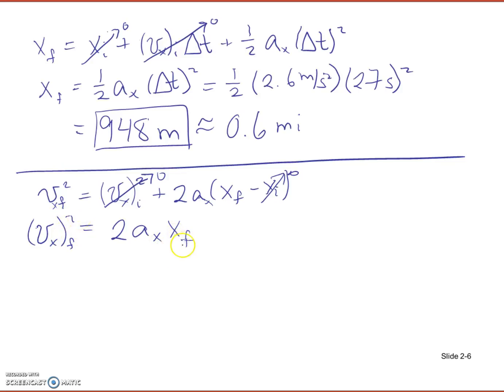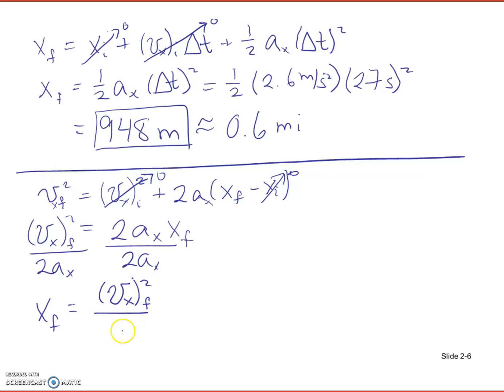So let's solve for my final position. That's what I'm looking for. So I divide both sides by 2a_x, and I see that x final is equal to v_x final squared over 2a_x. Plug in numbers. My final velocity was 70 meters per second.